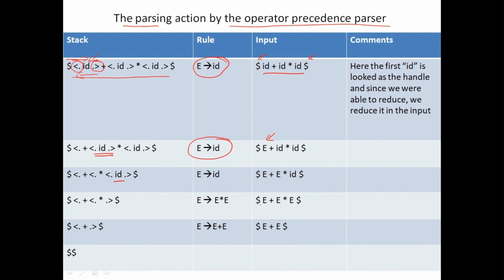So we are getting this configuration E plus E multiplied by E. Again, we have seen that this asterisk has the greater than and less than precedence relation in between. So this is going to be reduced by the production rule E is rewritten as E asterisk E, and finally this plus. So E plus E is being replaced by E, so we are getting this configuration.